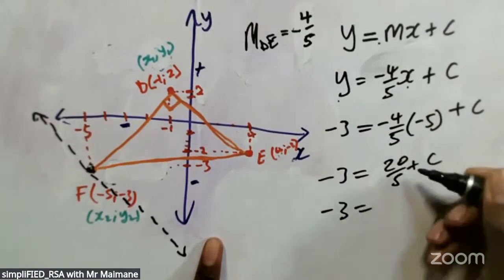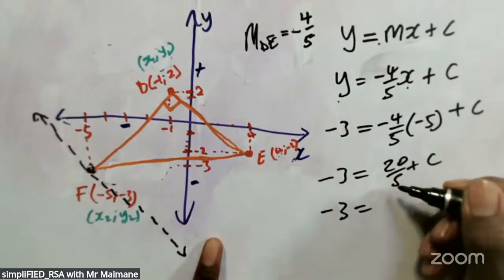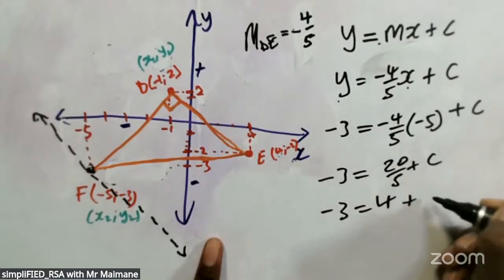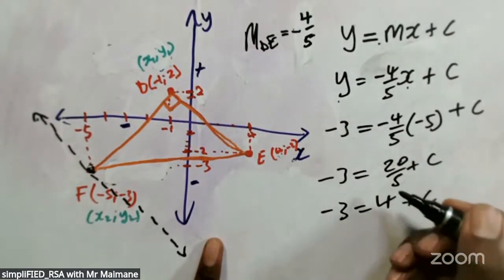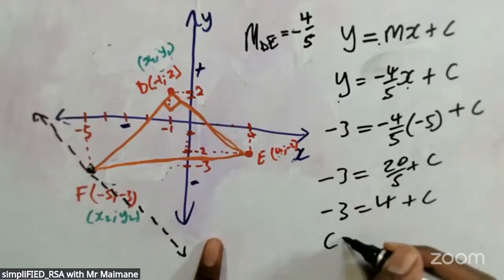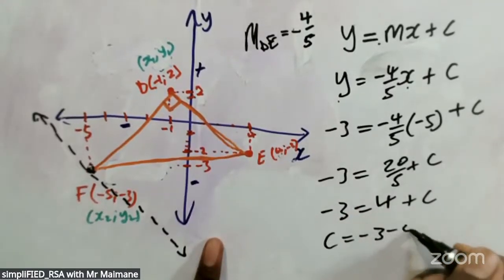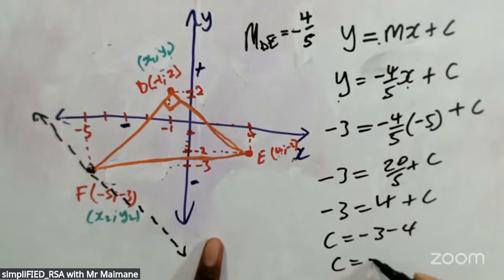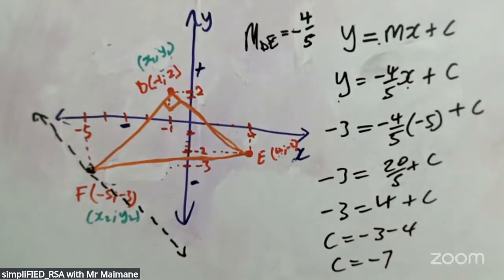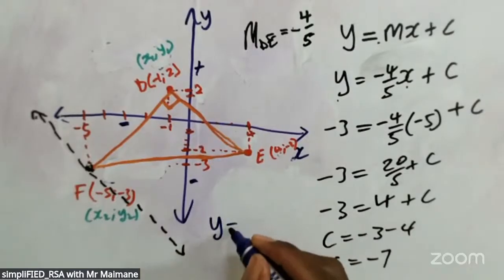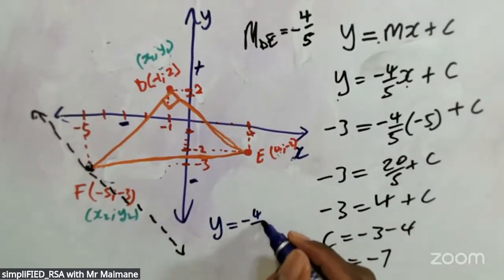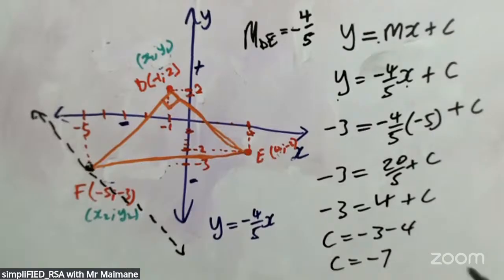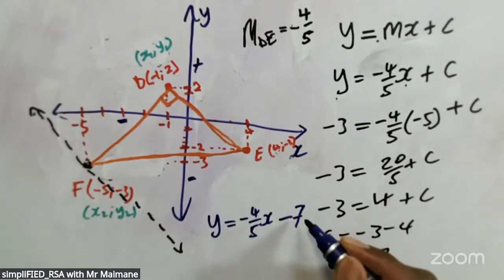Therefore, minus 3 equals, you know that 20 over 5 is 4. If you take the 4 to the other side, you will have c equals minus 3 minus 4. Therefore, c will be equal to minus 7. And then voila, you have found your equation, which is y equals minus 4 over 5 x minus 7.